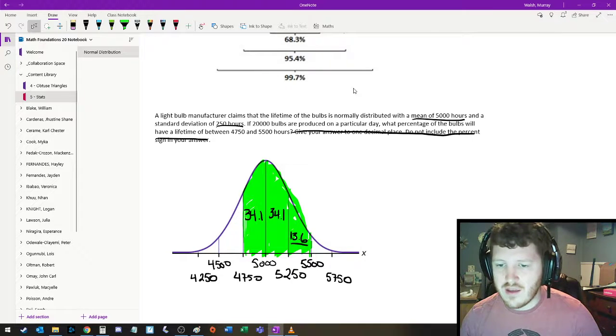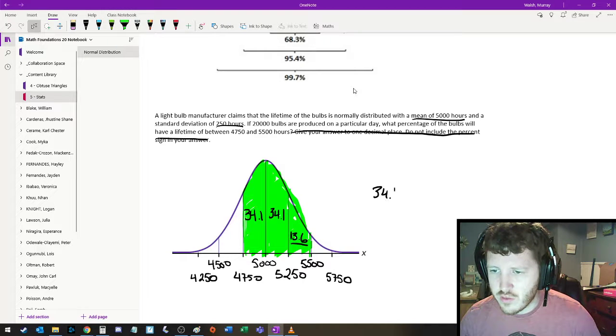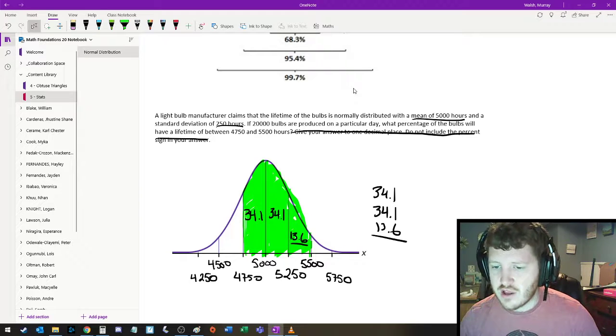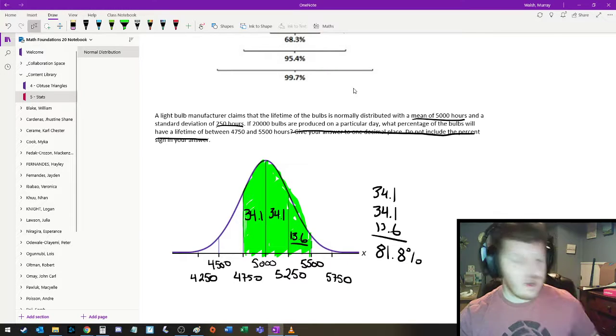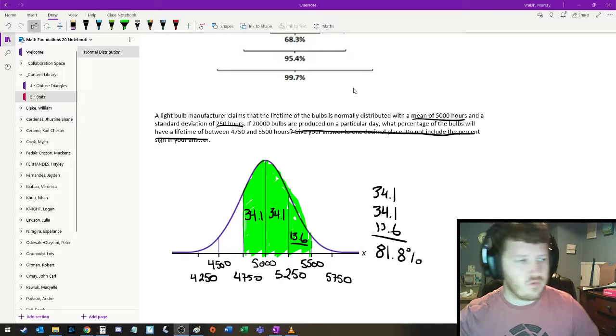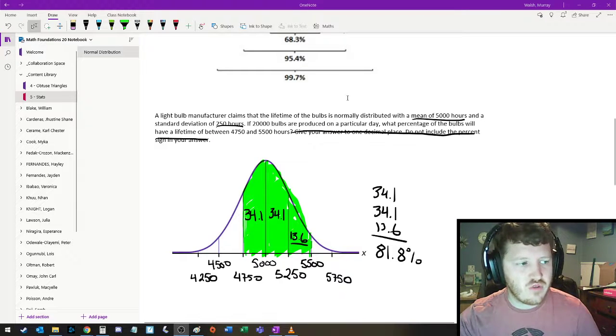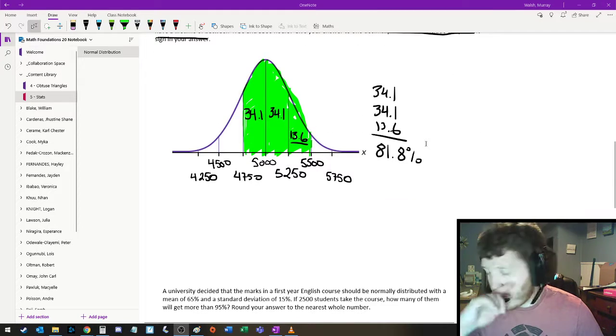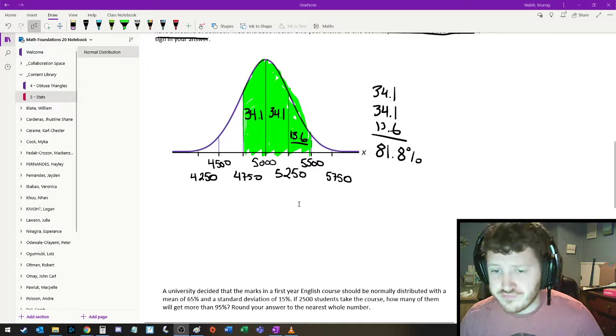So adding up all three of these numbers is just going to be our answer. 34.1, 34.1, 13.6. Because we need to include all three regions in our chart, and that's 81.8%. So 81.8% of bulbs are going to be in our sample space, or going to meet the criteria.